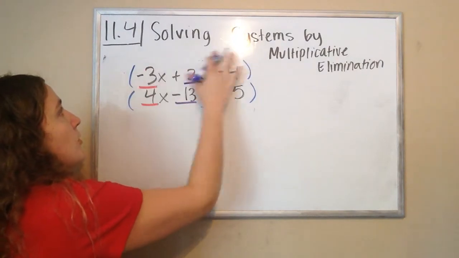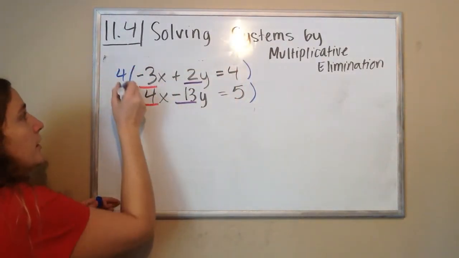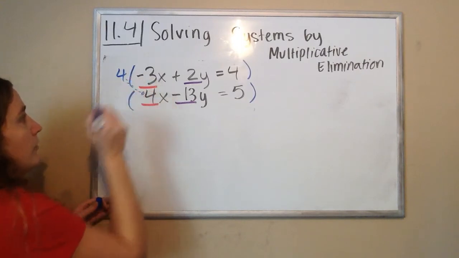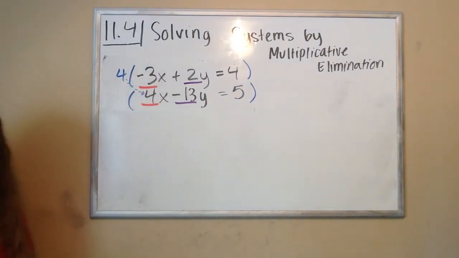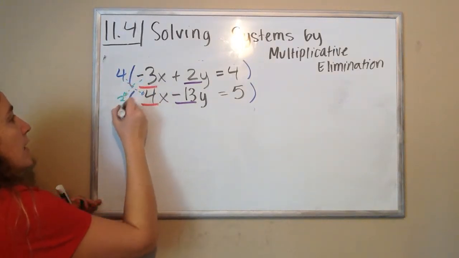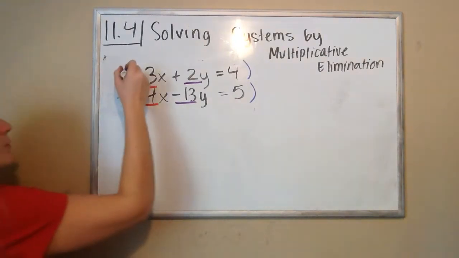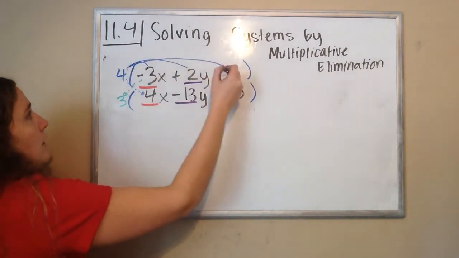So if we multiply the first equation by 4, I'm going to show you where I got the 4 from right there. And we multiply the second equation by 3, just 3. I'm going to show you where I got the 3 from right there. Let's see what happens. Here, our first equation, we multiply the 4 to everything.